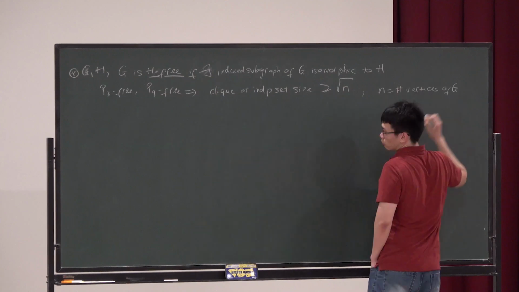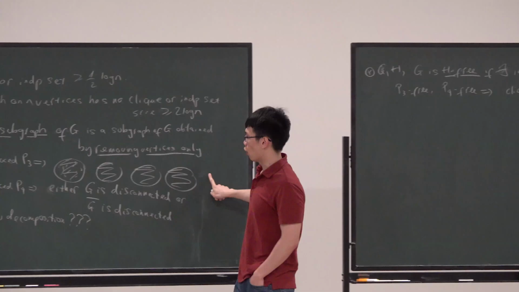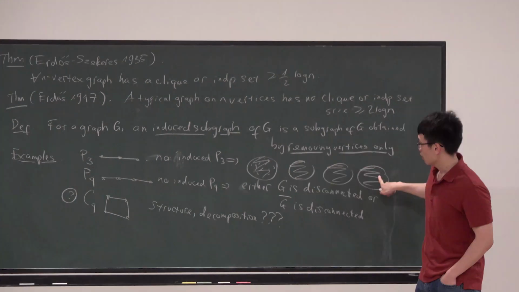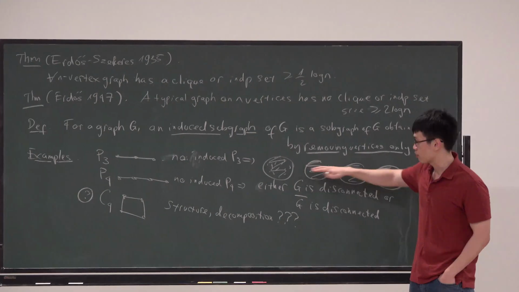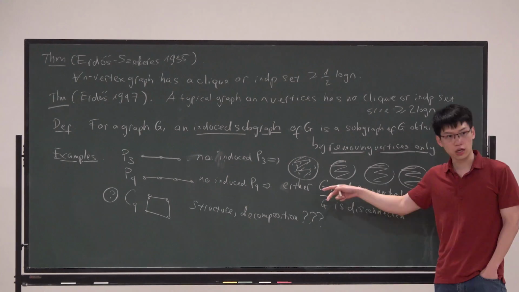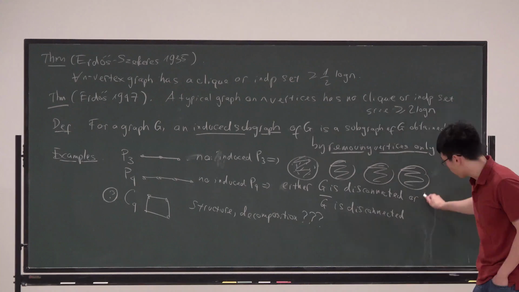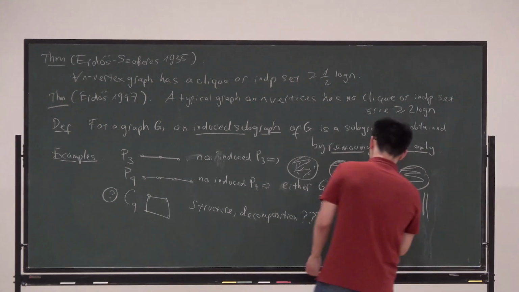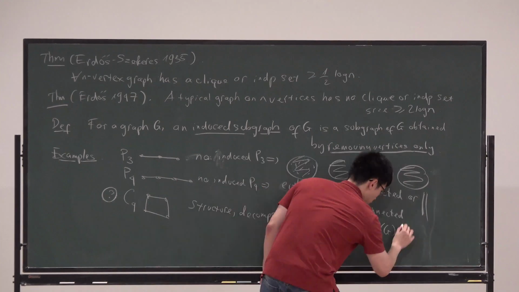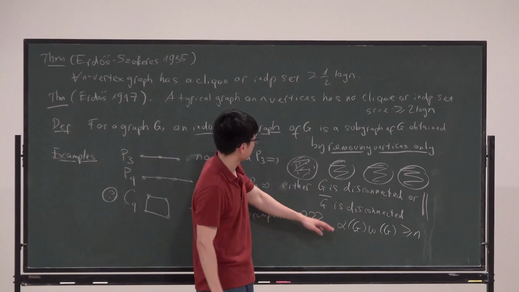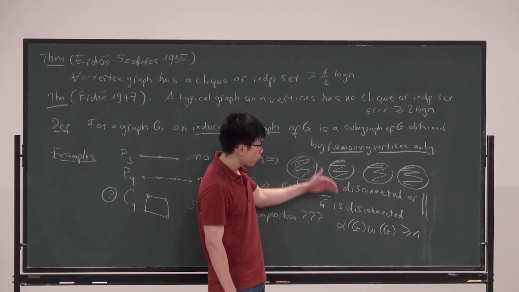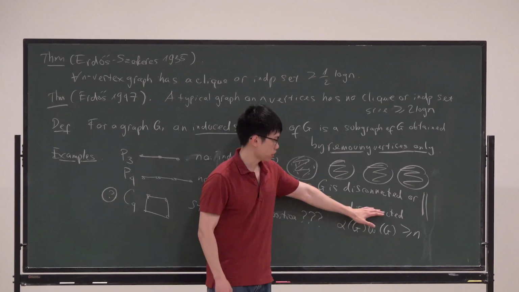For example, in this picture, one of the components, which are all complete graphs, should have size at least root n, or you have at least root n components, and so you're going to see an independent set of size root n. And for these P4-free graphs, you can show by simple induction that alpha(G) times omega(G) is at least n, where alpha is the independence number and omega is the clique number. So it all reduces to showing this structural result, which would be an exercise.